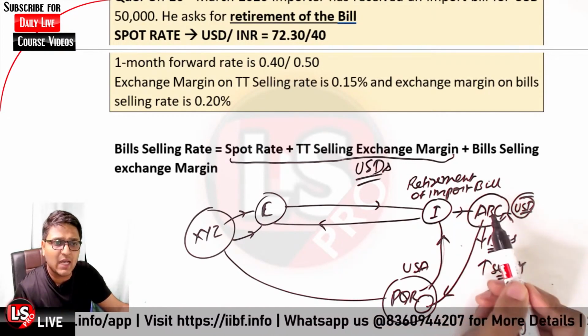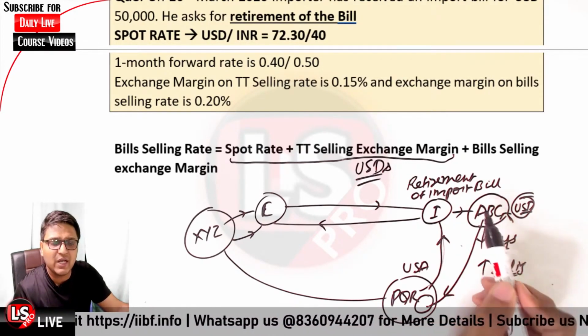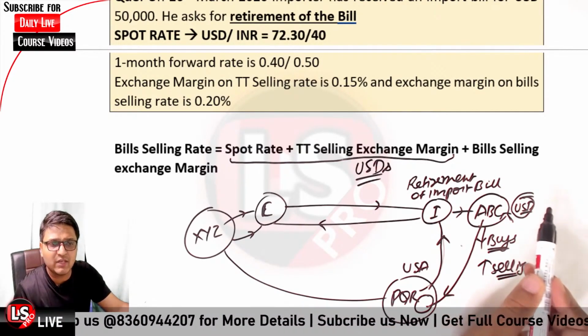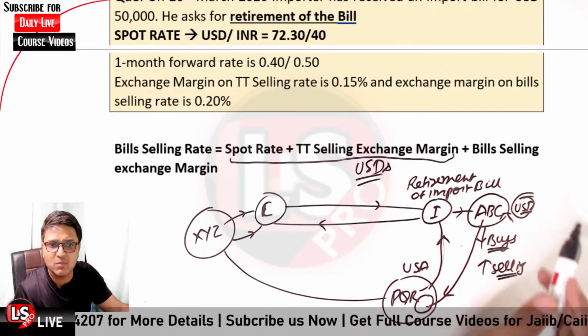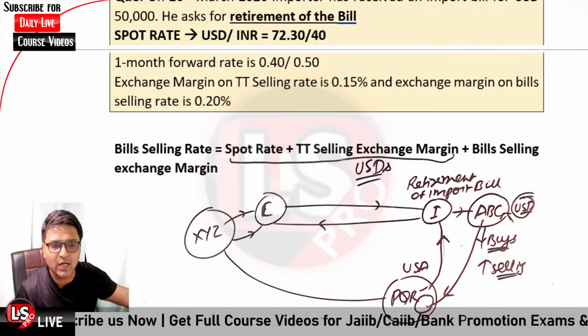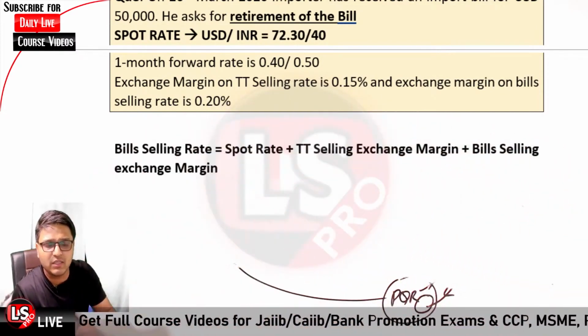In that case, the bills rate would be applicable. So that is why we will be taking the bills selling exchange margin. Accordingly, now you need to solve this question.